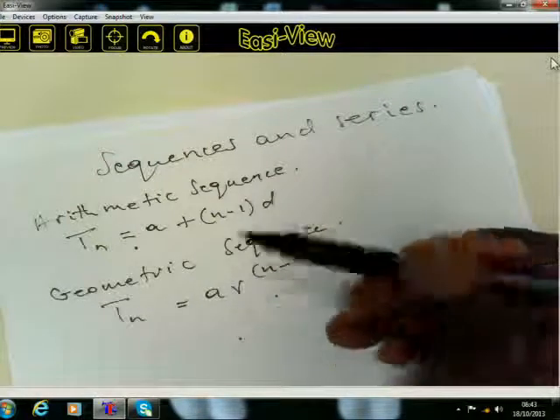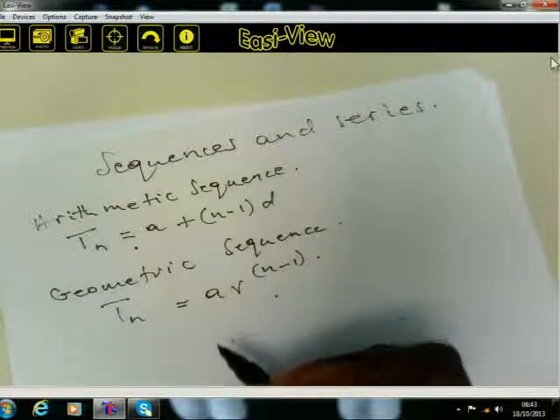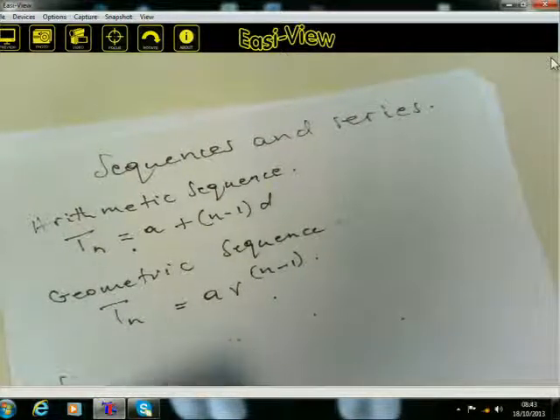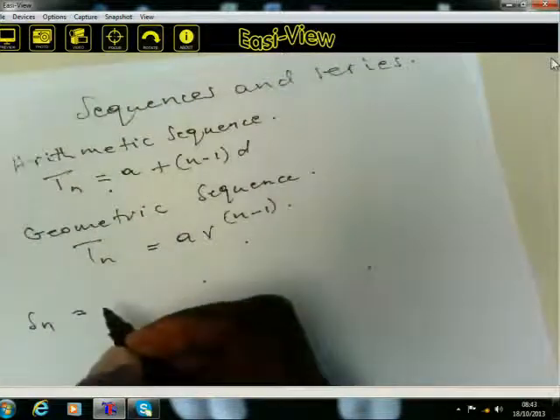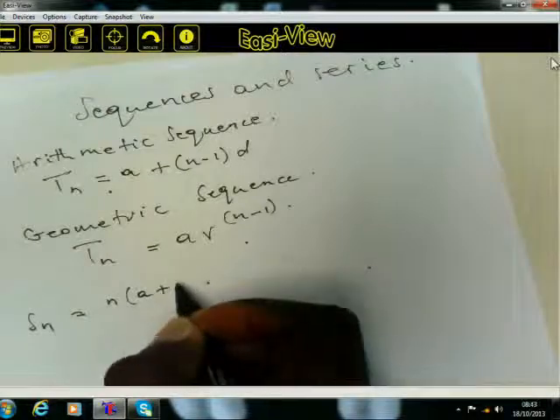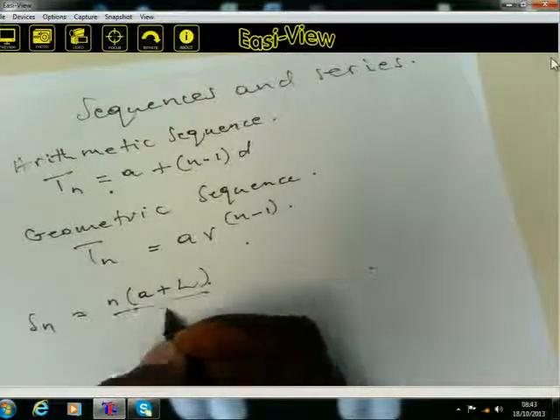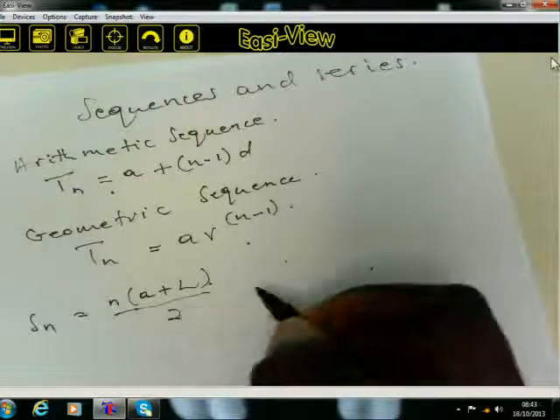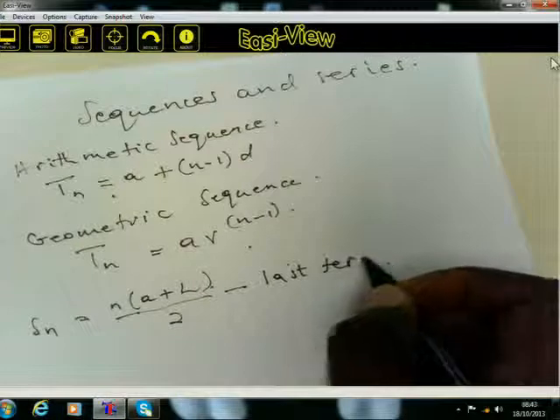Right? Now, let's go to the series. Now, Sn is equals to n into A plus L all over 2 if you know the last term.